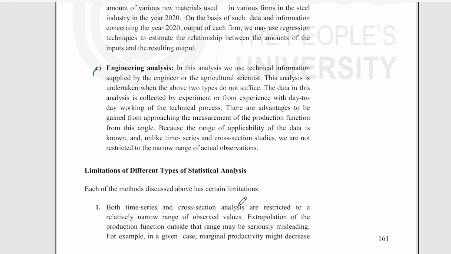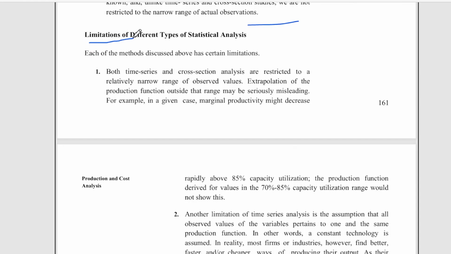There are advantages to be gained from approaching the measurement of the production function from this angle, because the range of applicability of the data is known, and unlike time series and cross section studies, we are not restricted to the narrow range of actual observation. Next is limitations of different types of statistical analysis.